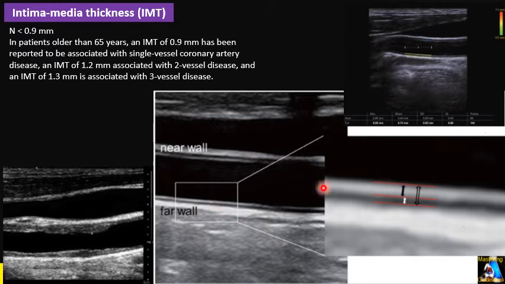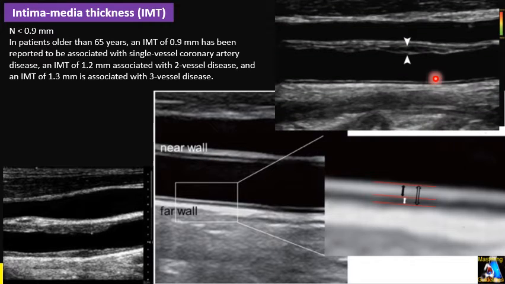So the layer from the interface of the intima with the lumen to the interface of the hypoechoic or anechoic media with the adventitia here will be our IMT thickness. But you have to remember, even though we measure the posterior wall because it has the highest resolution because of the blood here and lack of near field artifact, in those cases where the anterior wall looks thicker, we have to measure that one too.